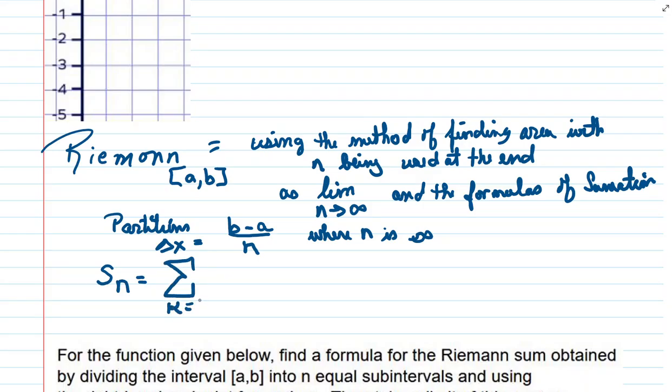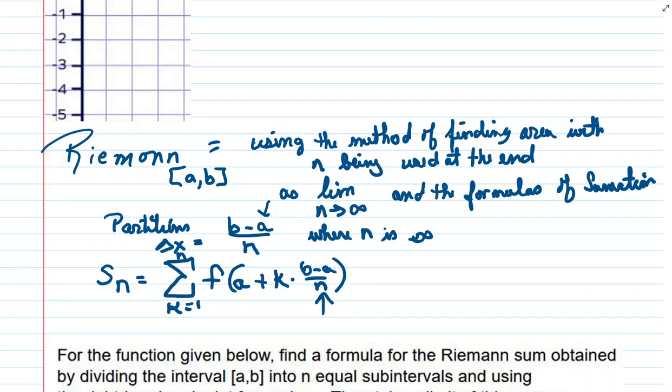Where the k is 1 and it goes to n of the function, where the first entry, that first part of that, which is usually 0, plus the k, meaning whatever the rule is for that function, times b minus a by n.